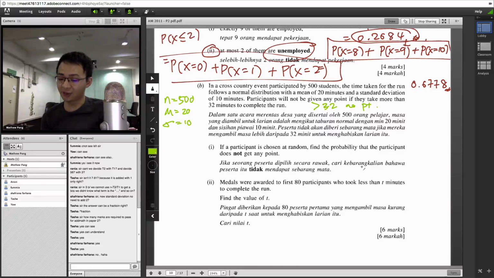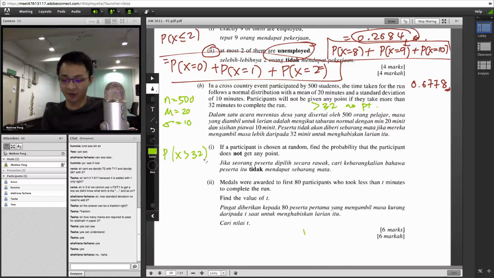Okay, so does not get any point, that means the participant takes more than 32 minutes, right? So I will assume X is the time the participant runs. So I will say X is bigger than 32.